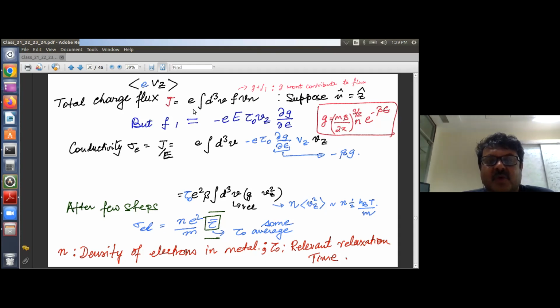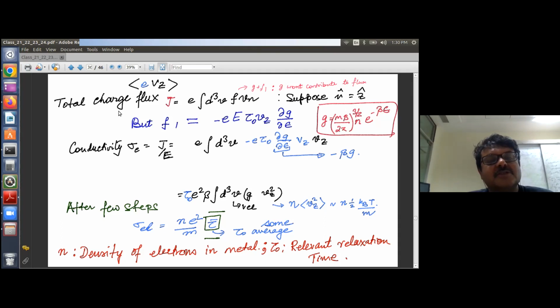So what is the conductivity? The conductivity is flux per electric field. The flux is the amount of charge carried per unit area per unit time, divided by the electric field. So the electric field has come here, so that you have e d3v. Now if there's the equilibrium distribution, then an equal number of particles are moving in the plus z direction and the minus z direction.